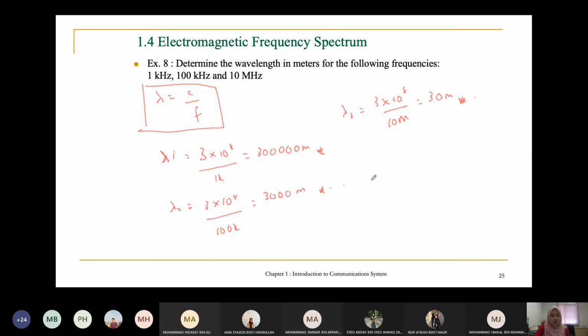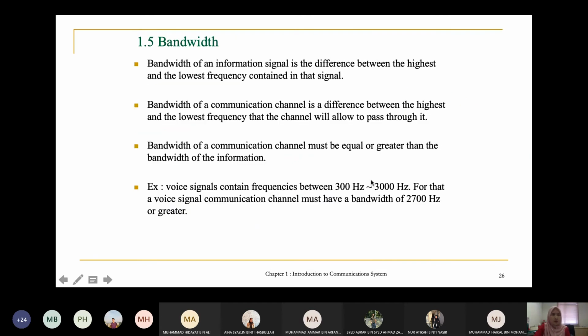Another parameter that is important is the bandwidth. If you still remember, if you compare half duplex with full duplex, you already know that full duplex uses a wider bandwidth compared to half duplex. So what is bandwidth?